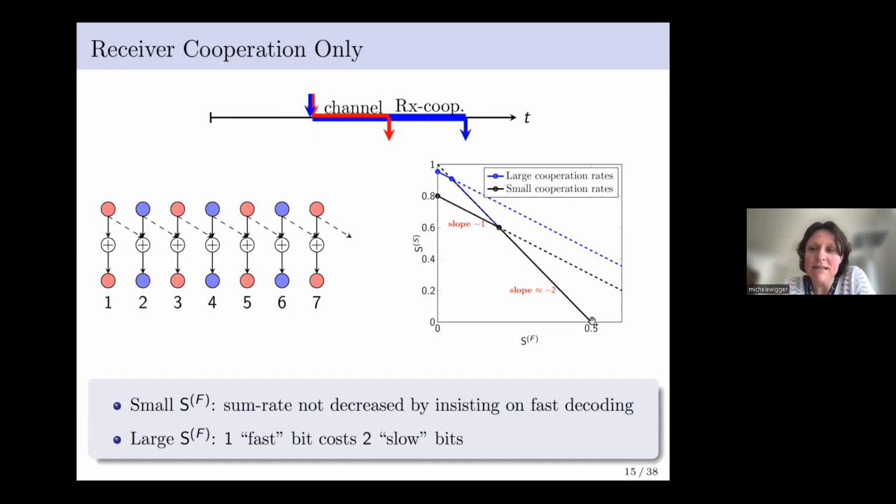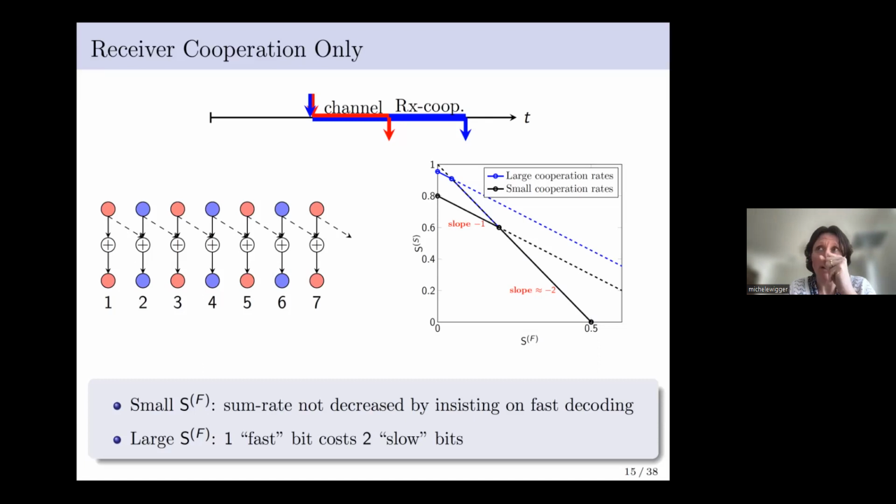And the reason is that now we do not have transmitter cooperation, so remember the fast has to be decoded immediately. So the only way to mitigate the interference at the fast is to do interference mitigation at the transmitter. But without cooperation, you cannot do that.